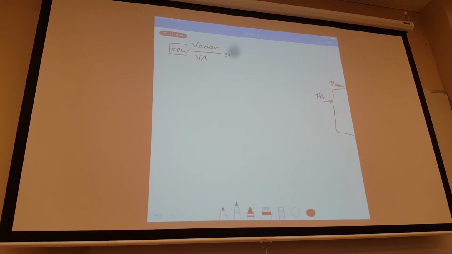The question is, what happens in between? What happens in between is called the virtual address translation process, and we're going to talk about it as it relates to segmentation.